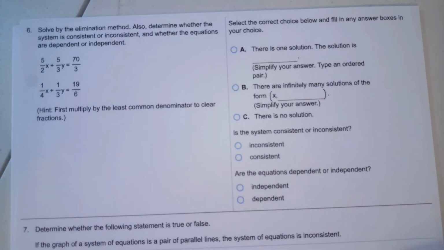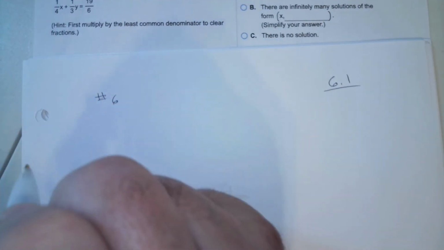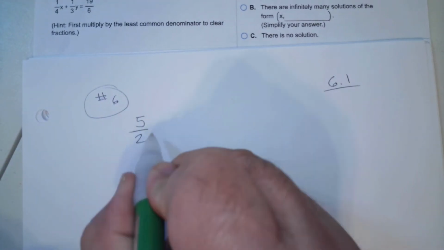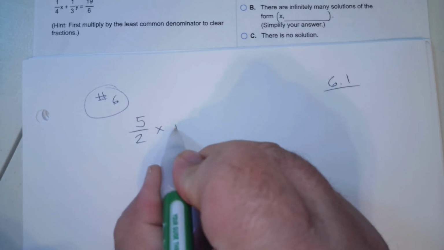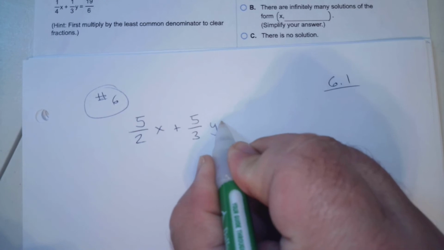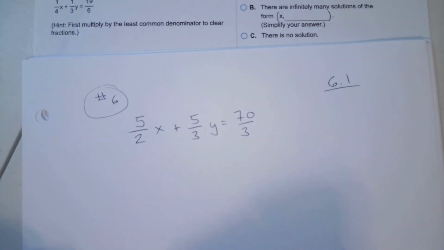Number 6, solve by elimination method. All right, this is 6.1, number 6. 5 over 2x plus 5 over 3y equals 70 over 3. That's line 1.